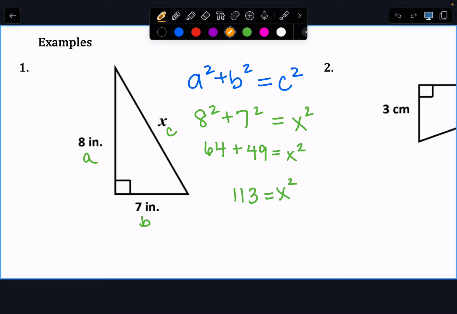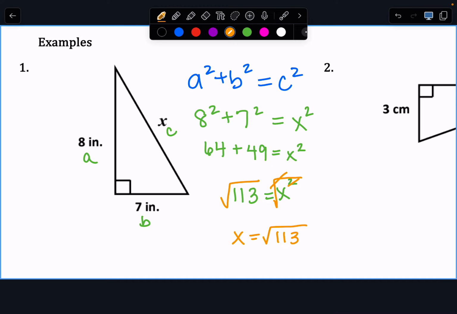How do I get rid of a square? A square root. Because a square and a square root undo each other. So our answer is the square root of 113.